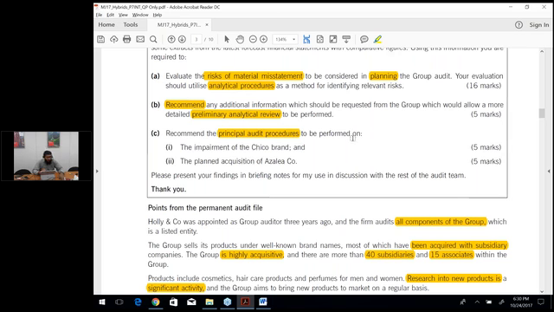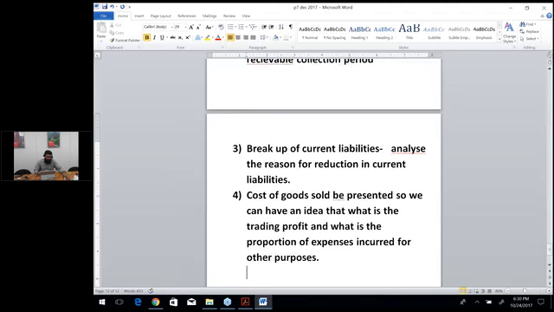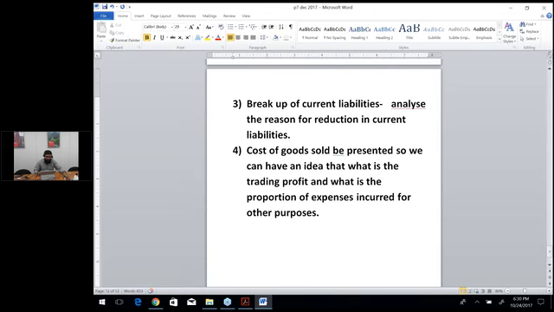At times, when the question's requirement asks you to perform the principal audit procedures, students focus on rote learning these things. What is important is that you should not rote learn these various audit procedures, and instead try to understand the methodology behind them.